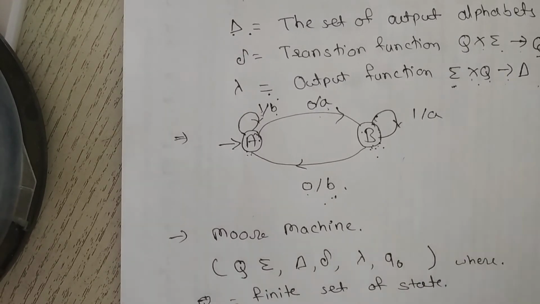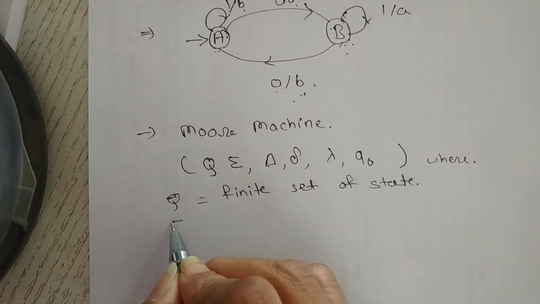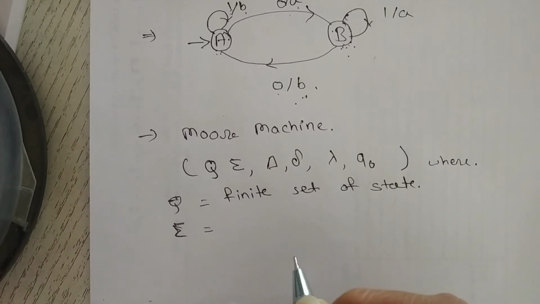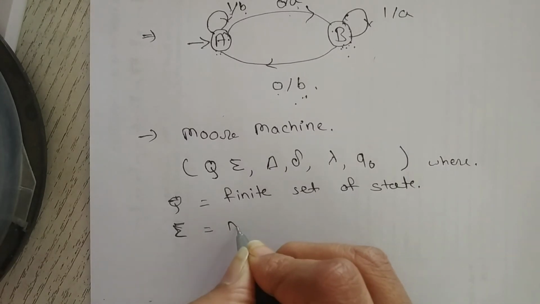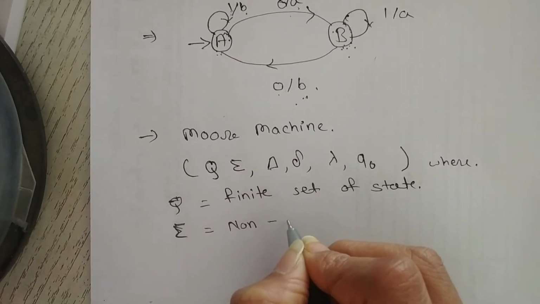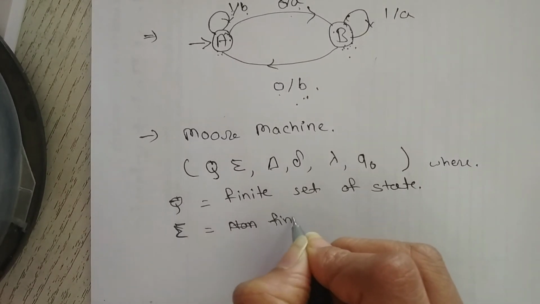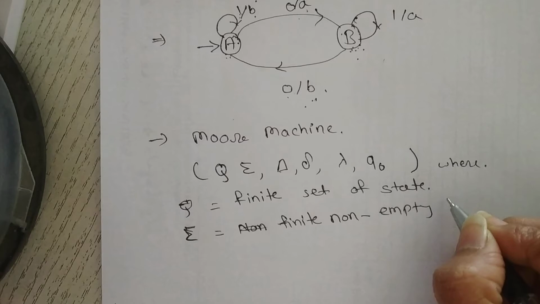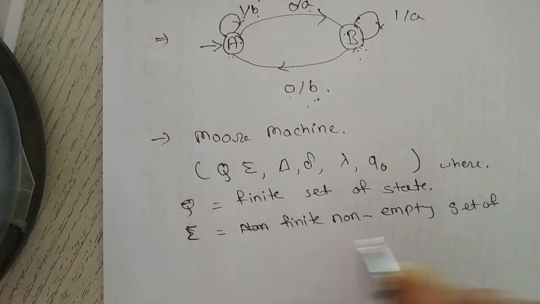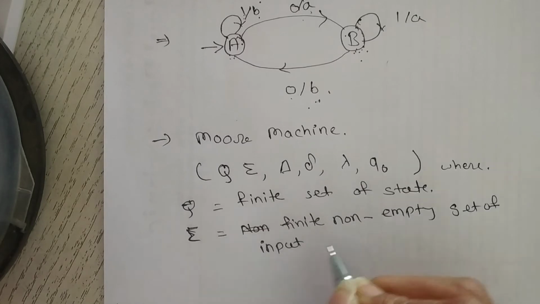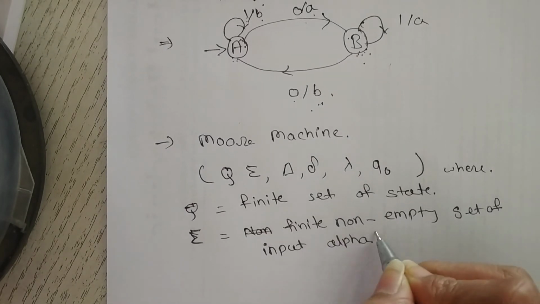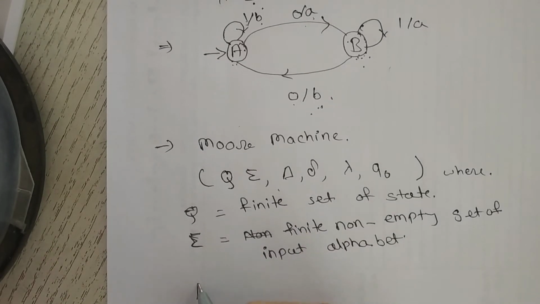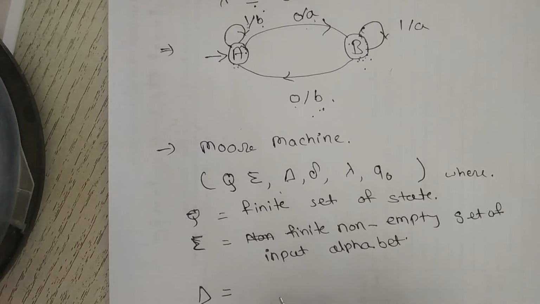Then sigma, this sigma is the finite non-empty set of input alphabets, okay? Then next one, which one? This delta is the set of output alphabets.